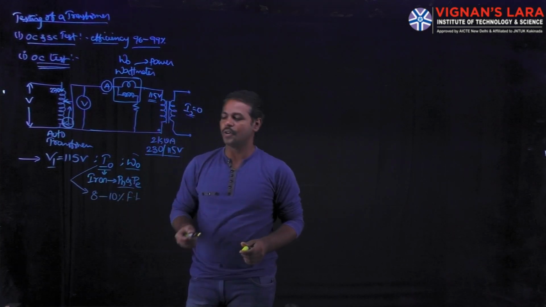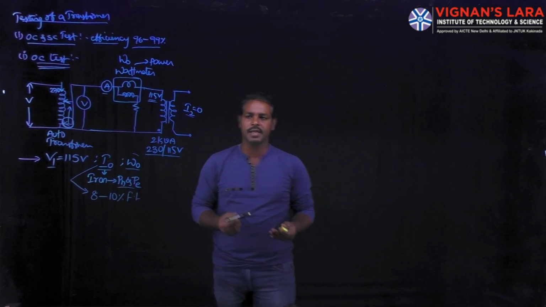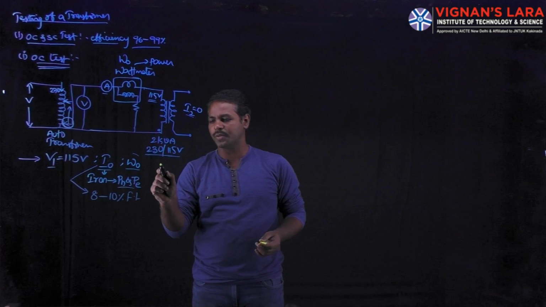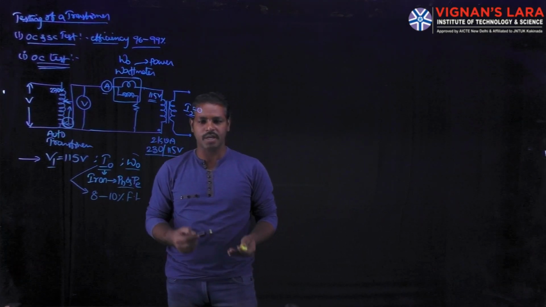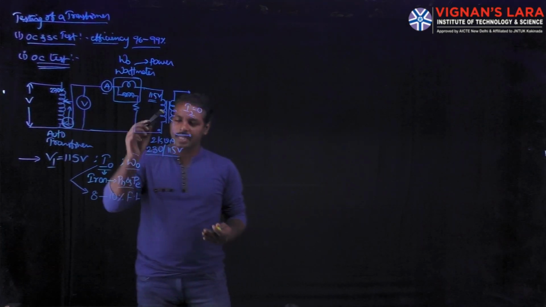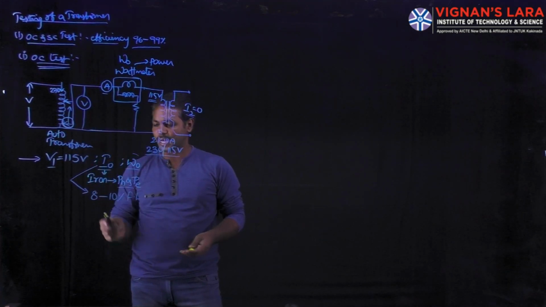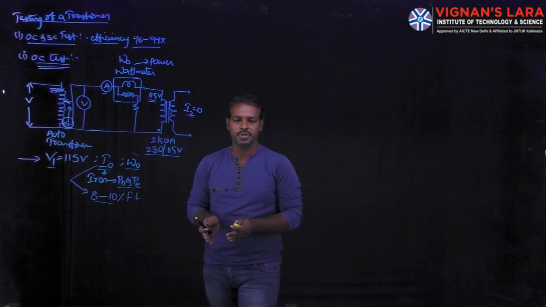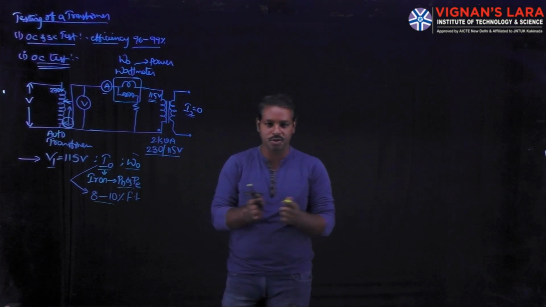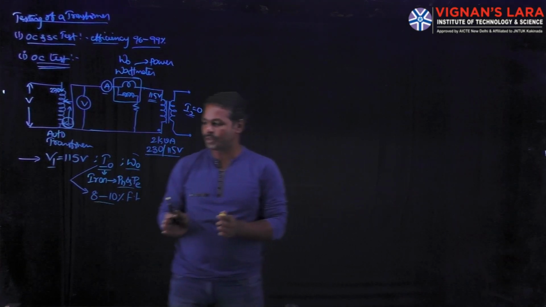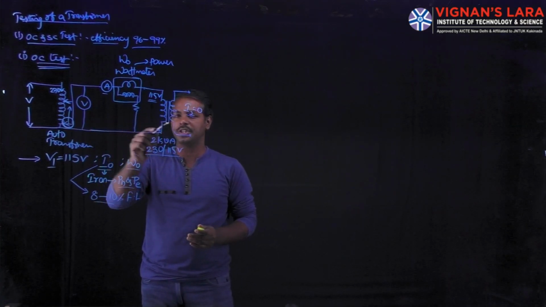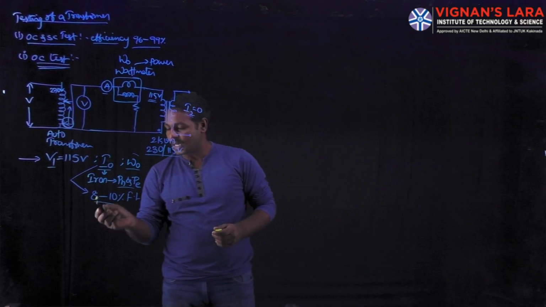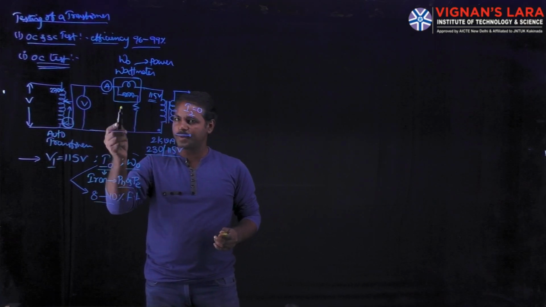For example, when a transformer operates on a full load current of 20 amperes, the same transformer on no load condition draws from the supply only 1.8 to 2 amperes. So this much current is only drawn from the supply when it operates on no load condition. That's why a small amount of current is drawn from the supply.